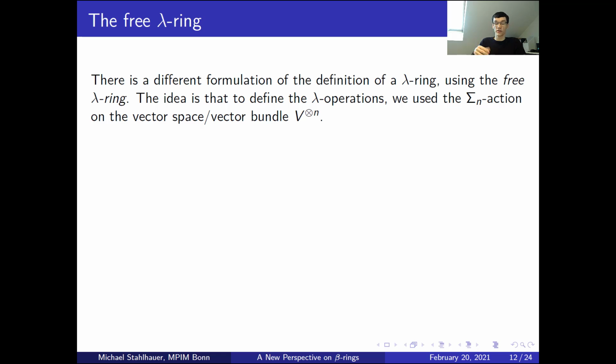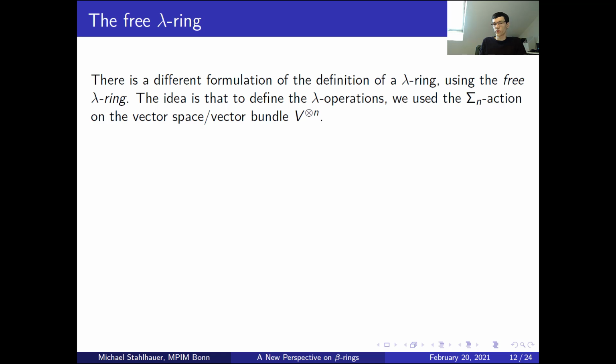If you think back on the example of the Steenrod algebra, there we had the Steenrod algebra, which was like a universal thing where we have Steenrod operations. And we can try to do a similar thing for lambda rings. So we want to have a universal or a free lambda ring where all these operations are encoded.